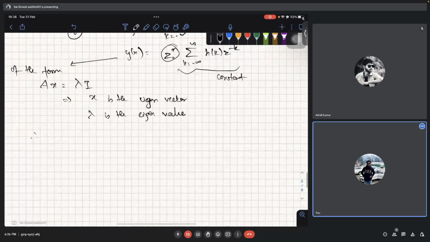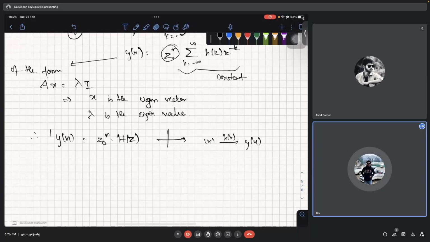Therefore we write y of n is equal to z naught power n into H of z, when x of n passes through h of n to get y of n.